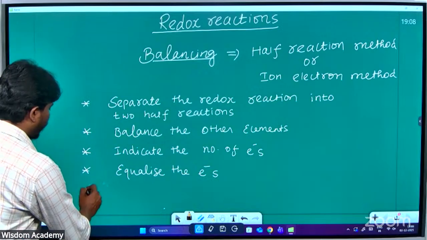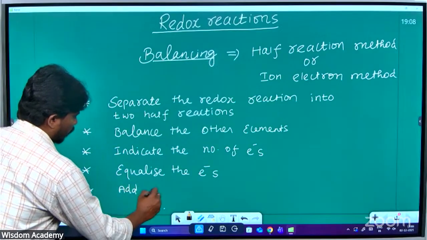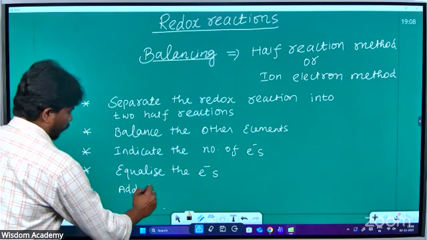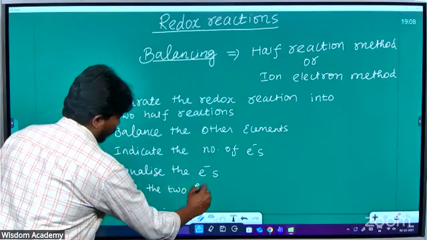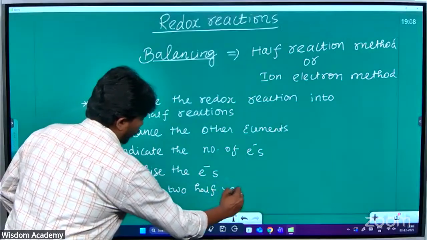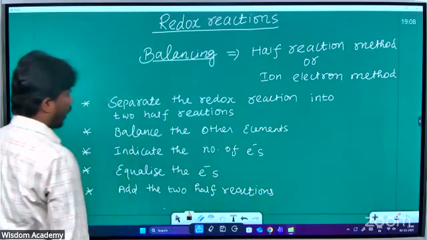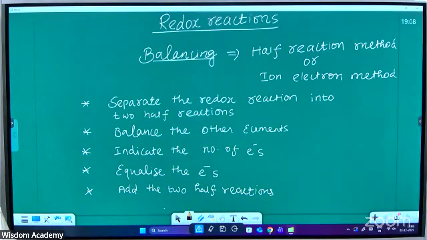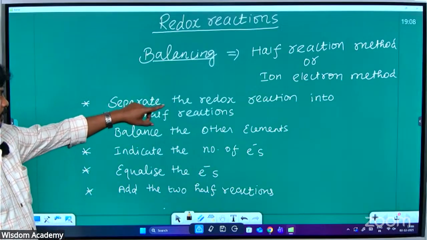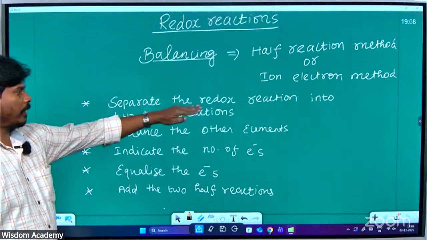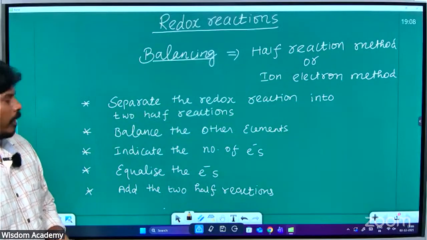And finally add the two half reactions. Add the two half reactions involved in redox. The primary step is separate the redox reaction into two halves. One is oxidation, another one reduction.